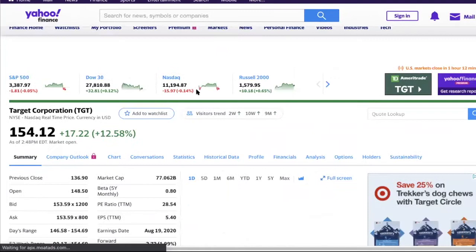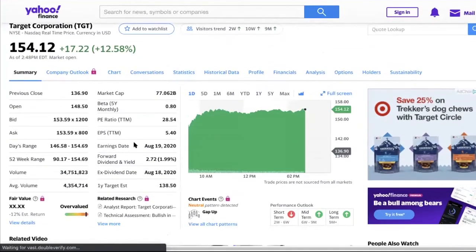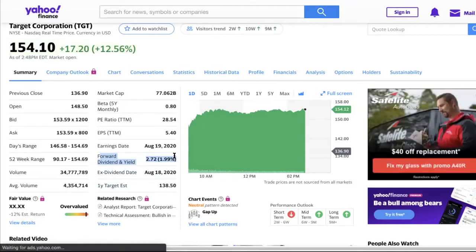Here is Target's information. As you can see, the dividend amount is $2.72. This is less than Apple, which was $3.28. However, the yield is higher. The $2.72 is a 2% return, almost 1.99%, while for Apple, it was under 1%.